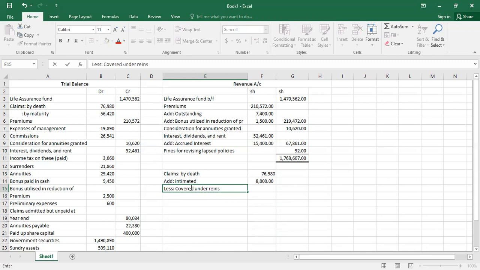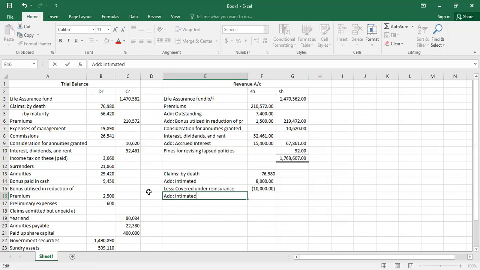What was the figure? 10,000. This now we put in bracket because we are subtracting. Then we add now what had matured. Add maturity.